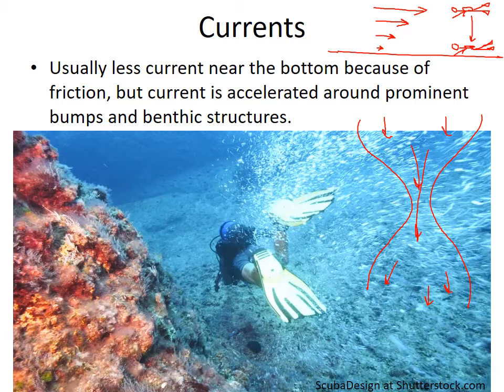That effect can happen even if it's not squeezed from both sides. So imagine this is the surface of the water and the bottom mounds up in an area. If the currents are sort of going along at a slow speed here, when the currents have to get over this mound, they have to increase in speed to sort of squeeze a bunch of water through that narrow area, and then they decrease in speed again when they get over deeper water again. So bumps and benthic structures accelerate the current faster.